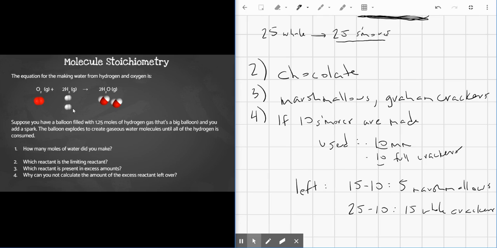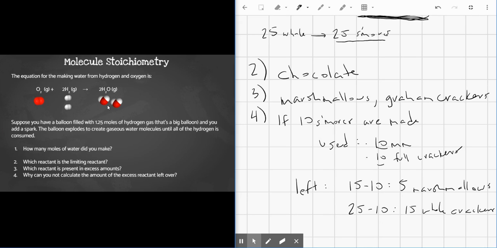Okay, so the ratio here is going to be 1 oxygen for every 2 hydrogens, or we can look at the ratio of oxygen to water. 1 oxygen molecule made 2 molecules of water, or we can look at this one to this one. 2 molecules of hydrogen make 2 molecules of water.